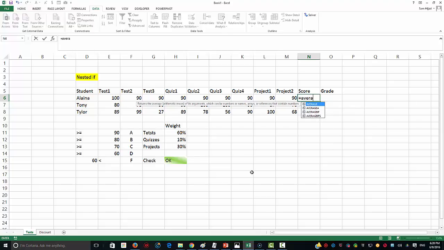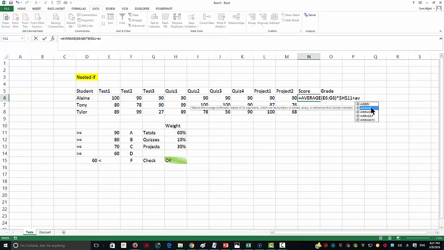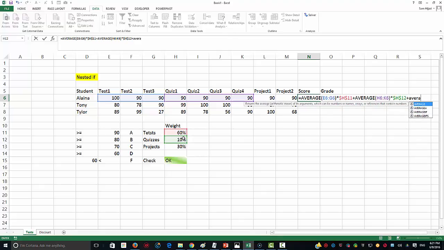So first of all, we're going to do the average, and I'm going to do the whole thing in one calculation: the average of all the tests, and right away multiply that, asterisk, by this, knowing that the professor could change the weight, and the location here is 60%, so I'm going to lock it, plus the average of the quizzes, 4 of them, and we're going to multiply that by the 10% and lock it, plus the average of the projects, multiplied by the project weight and lock it.